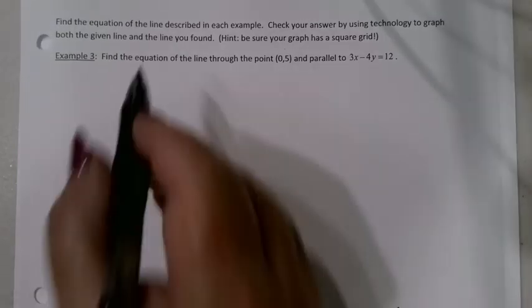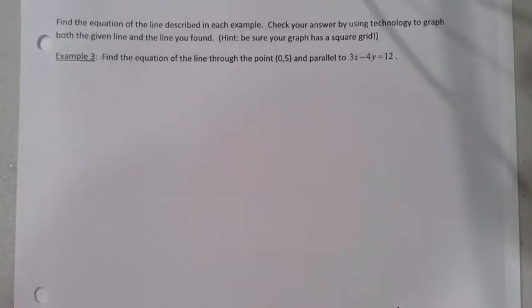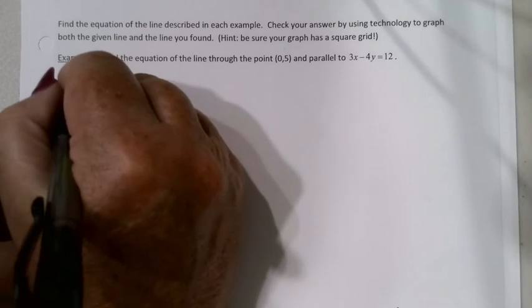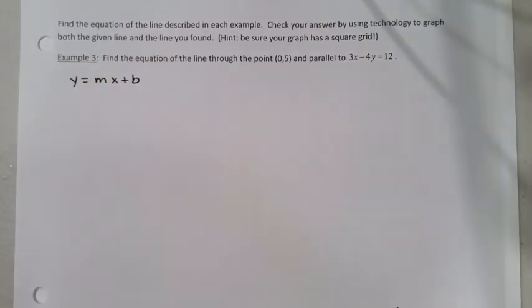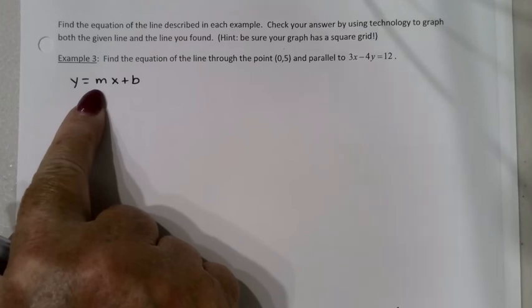So first of all, I want the equation of the line that goes through the point (0, 5) and is parallel to this line. So let's see. I know eventually I want y = mx + b. So that means I need to figure out the m and I need to figure out the b.